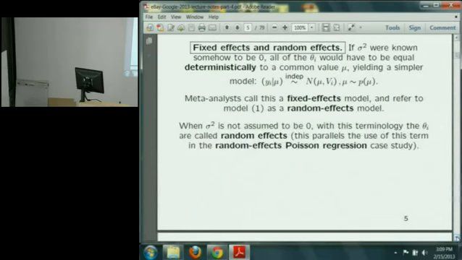People used to do, back in the 80s and 90s, something analogous to what economists used for a while, a method called testimators that actually has been very badly discredited. In a situation like this, what you would do first is a hypothesis test of the null hypothesis that sigma squared was 0, and only if the null hypothesis was rejected would you go on and fit the random effects model. Otherwise, you would go with the fixed effects model.